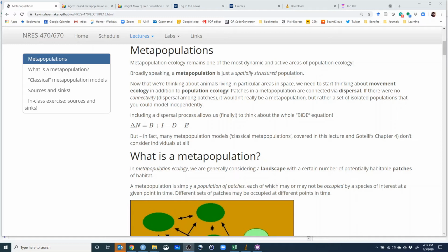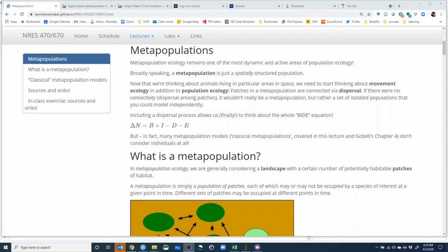These patches are connected. And the connectedness really involves a process called dispersal. And this can involve immigration from outside a patch into a patch, or emigration, which is leaving one patch and moving to a different one. If there was no connectivity, we wouldn't really be talking about metapopulation processes. There has to be some kind of dispersal among patches.